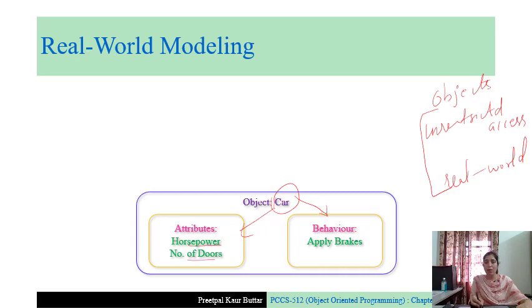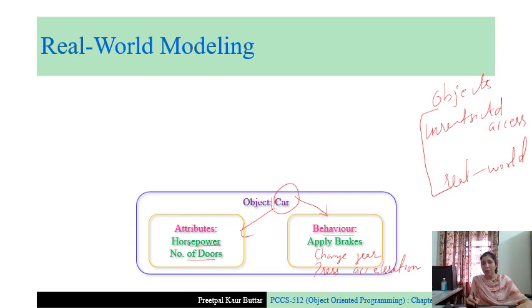It can also have many other attributes, and the car also has a behavior. Behavior means how it is behaving, how it is operating. So behavior can include apply brakes, change gear, press accelerator. These are the behaviors.